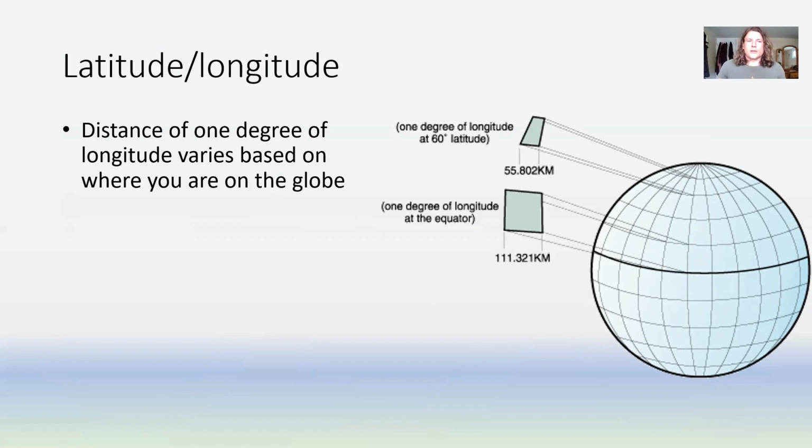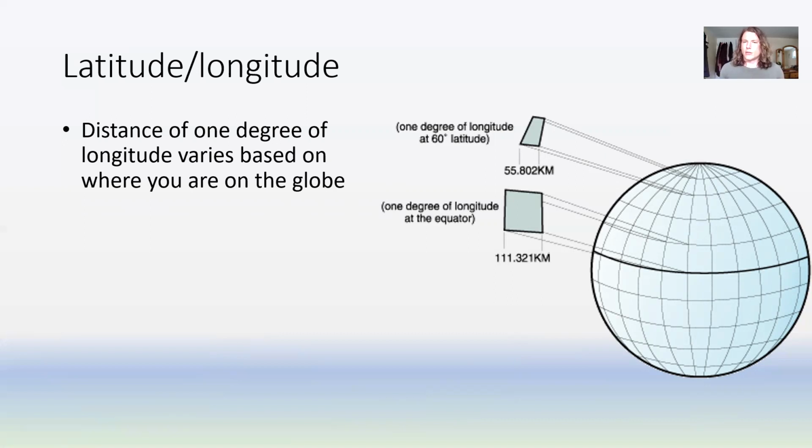And so a really important thing to note is that the distance of 1 degree of longitude varies drastically based on where you are on the surface of the globe. At the equator, the distance between degrees of longitude is 111.32 kilometers.